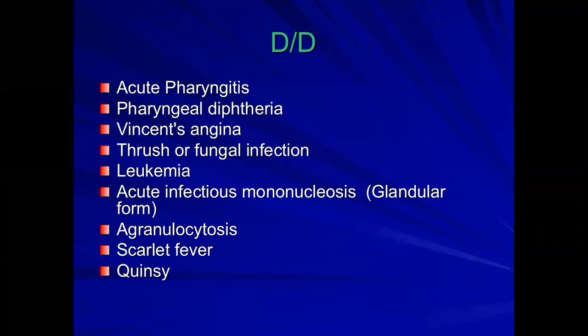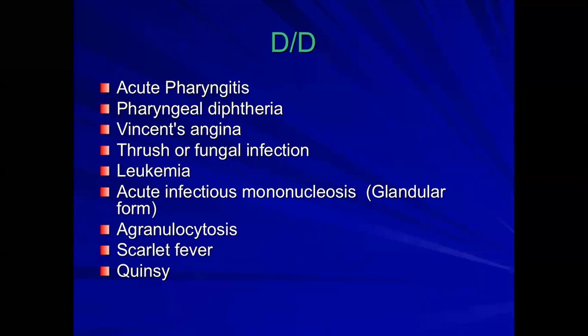Now the DD, which can be confused with other conditions. It is very important that we keep this in mind. The DD includes acute pharyngitis, pharyngeal diphtheria, Vincent angina, thrush or fungal infection, leukemia, acute infectious mononucleosis, agranulocytosis, scarlet fever, and quinsy.